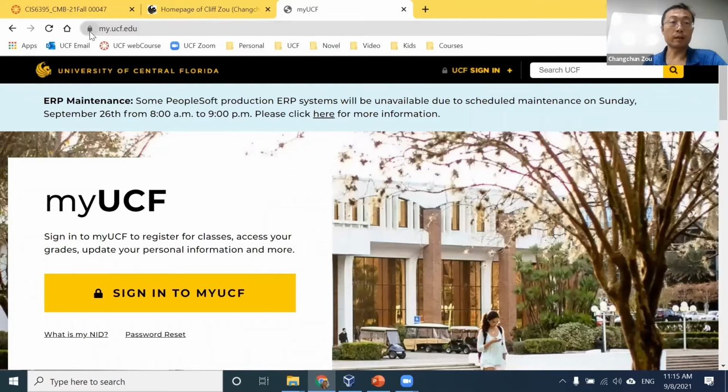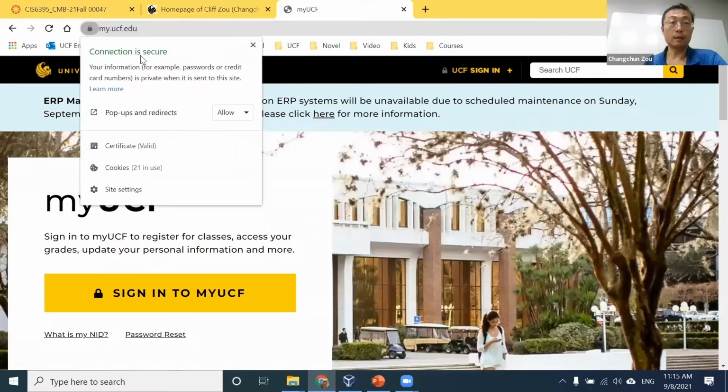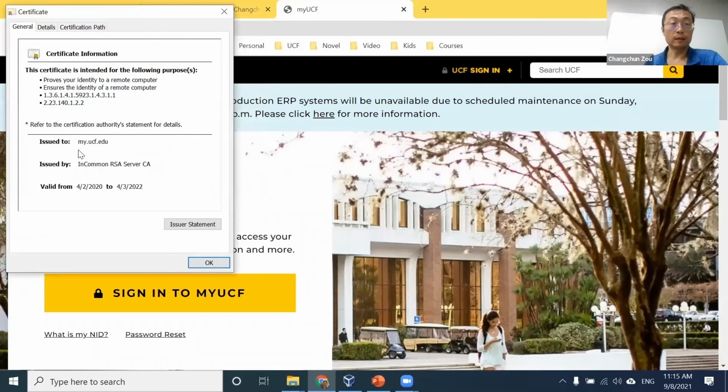If you click this lock, you can see this certificate is valid. If you click the certificate, you can see that this certificate is issued to this website, issued by this CA. There are many CAs in the United States and also in other countries.